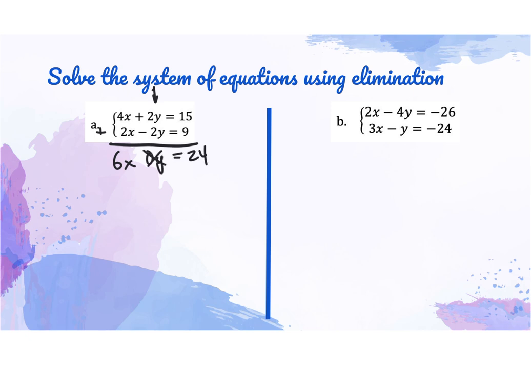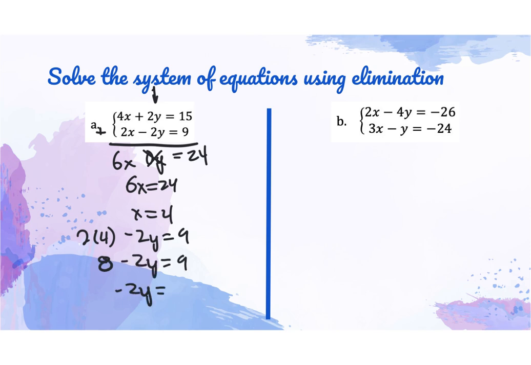And that's going to become 24. So 6x equals 24, so x is just going to equal 4. So then if I go back and substitute that, 2 times 4 minus 2y equals 9. So 8 minus 2y equals 9. So negative 2y equals 1. Y is going to be negative 1/2.